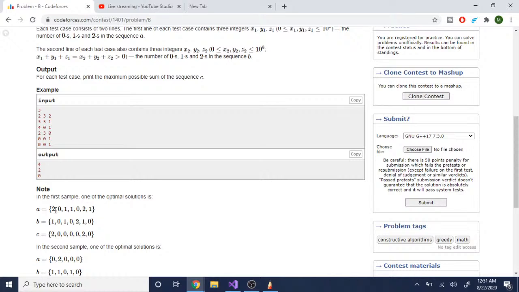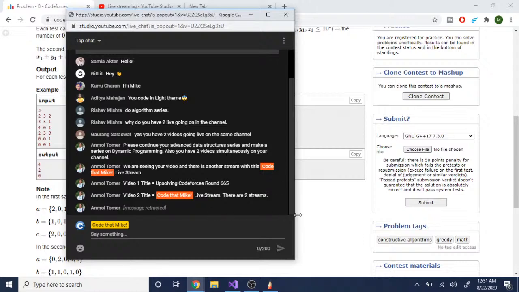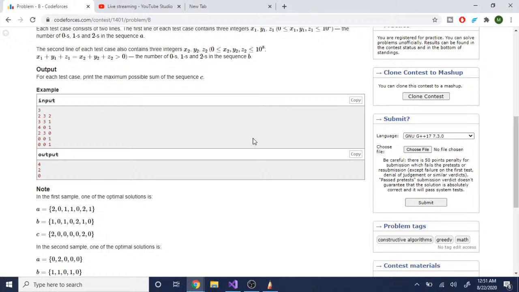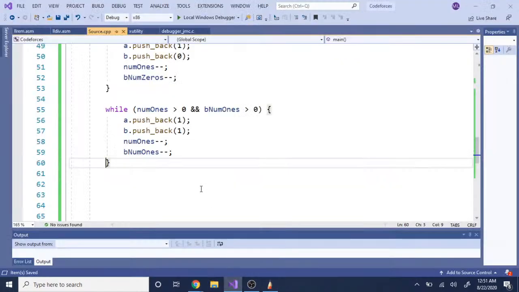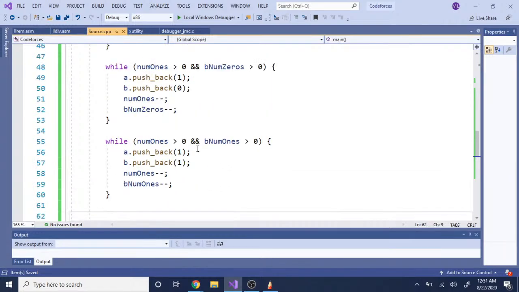So are there 7 elements? 1, 2, 3, 4, 5, 6, 7. So there are 7 elements. So I think it's fine for now. I'm not sure whether any case afterwards wouldn't work. So we're done with the zeros and ones.